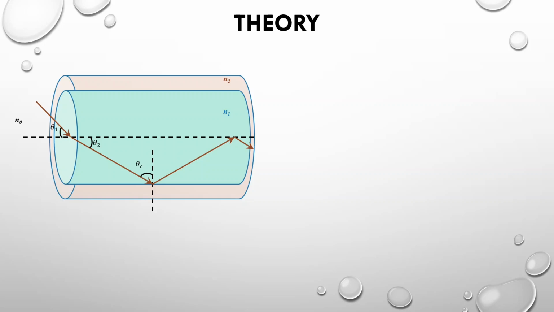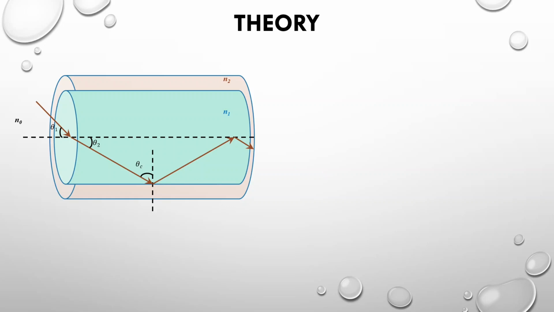Now it is incident at the core cladding juncture. In order to get this ray bounce back into the core, this angle must be greater than the critical angle θc. If this condition is satisfied, the incident ray propagates through the fiber and reaches the other end due to the total internal reflection.